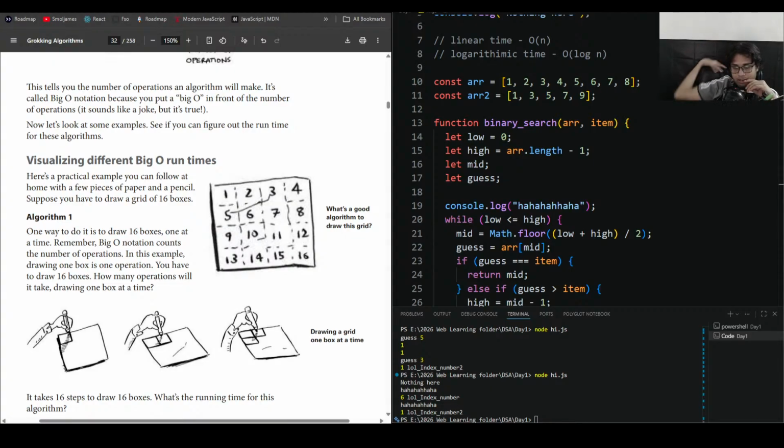Here's a practical example you can follow at home with a few pieces of paper and a pencil. Suppose you have to draw a grid of 16 boxes. What's a good algorithm to draw this grid?